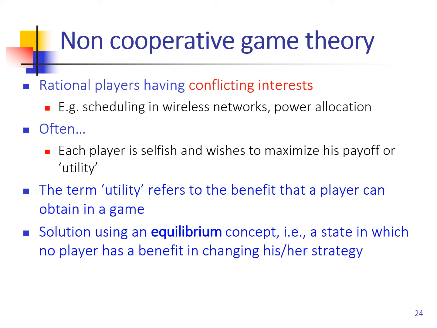And the utility here refers to the benefit that a player can obtain in a game. And we will see concrete examples of what we mean by utility, especially in wireless, okay? And then the equilibrium or the solution concept we are interested in essentially will be a point or a state in which no player has a benefit to change or update its preference or strategy.